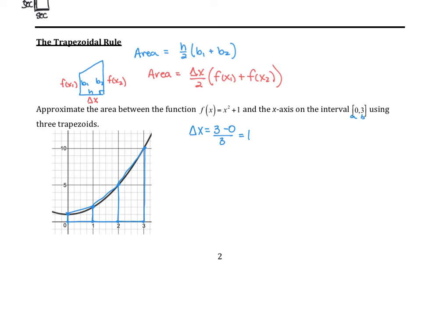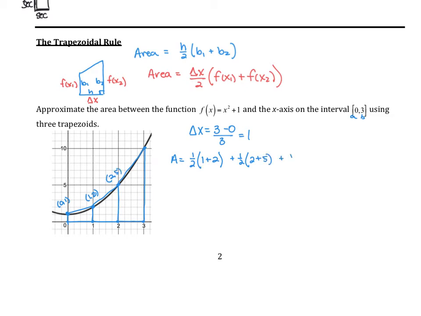Now, when I go to find the area of the trapezoid, I would do 1/2, delta x is 1, divided by 2, times my first point. This was the ordered pair 0, 1, so my first height is 1, and my second height is 2. And then I would do that again for the next trapezoid, where my left-hand height is 2, and my right-hand height is 5.